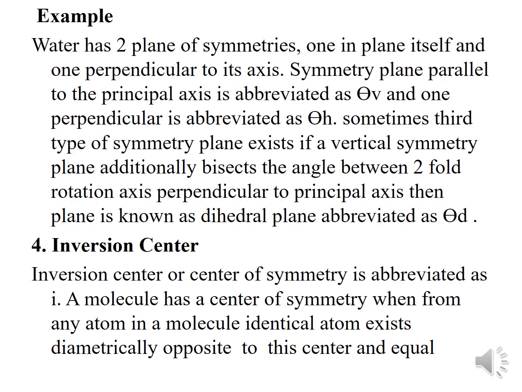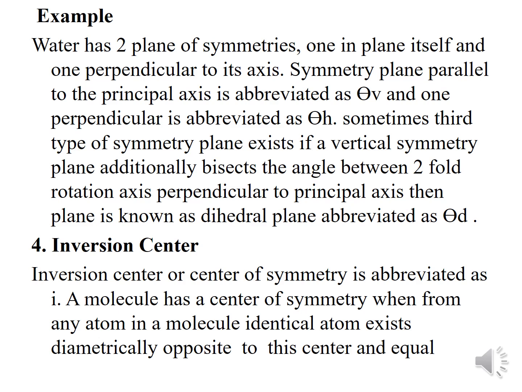Examples: water has two planes of symmetry, one in the plane itself and one perpendicular to it. A symmetry plane parallel to the principal axis is abbreviated as sigma v. One perpendicular is abbreviated as sigma h.